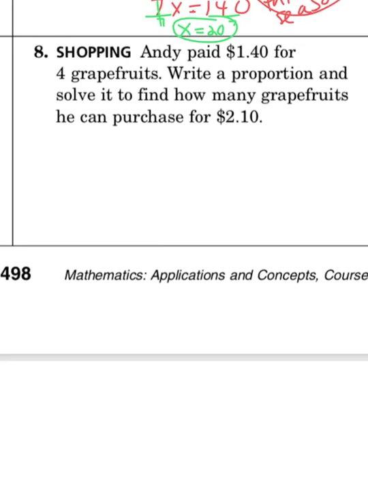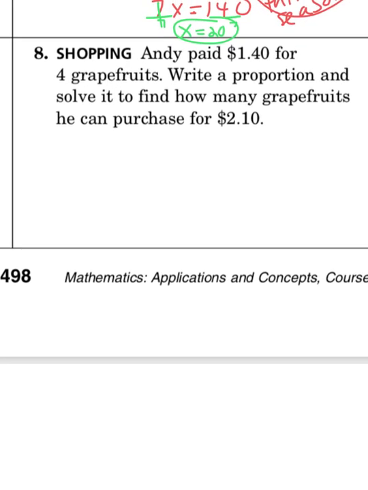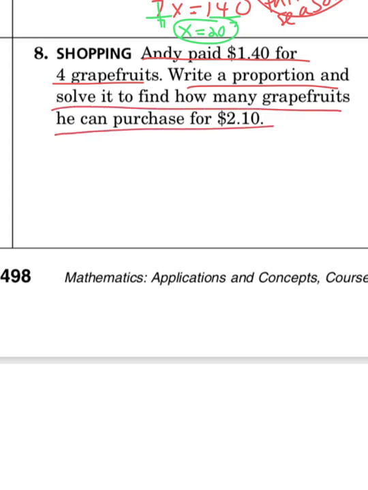Okay, here we go. Oh, I love this one too. Okay, so Andy paid $1.40 for 4 grapefruits. That information goes together. Write a proportion and solve it to find how many grapefruits he could purchase for $2.10. Okay, let's go back to the information that's together. Andy paid $1.40 for 4 grapefruits.